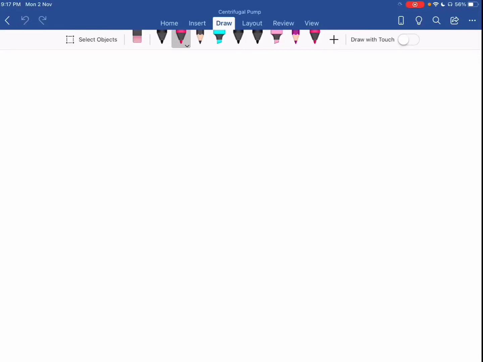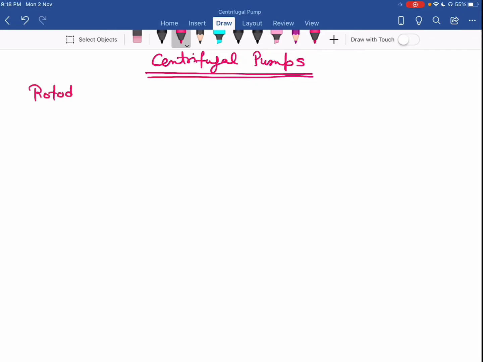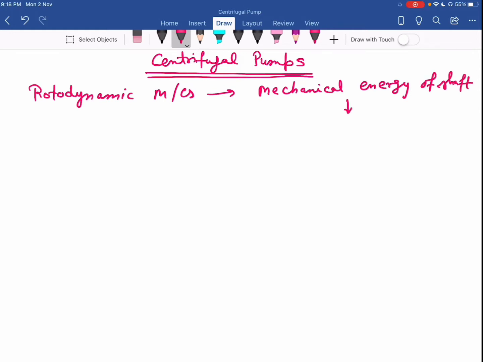Dear students, next chapter is centrifugal pumps. So the centrifugal pumps are the rotodynamic machines that convert the mechanical energy of shaft into the kinetic energy plus the pressure energy of water.